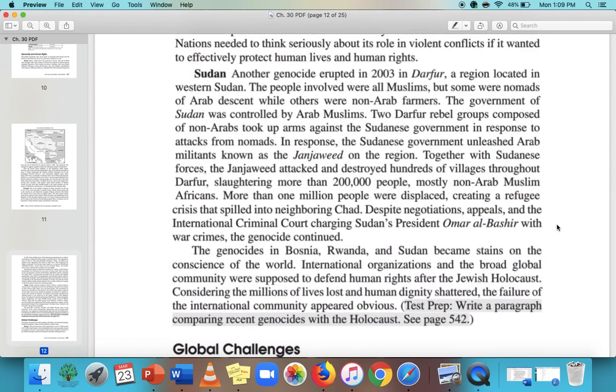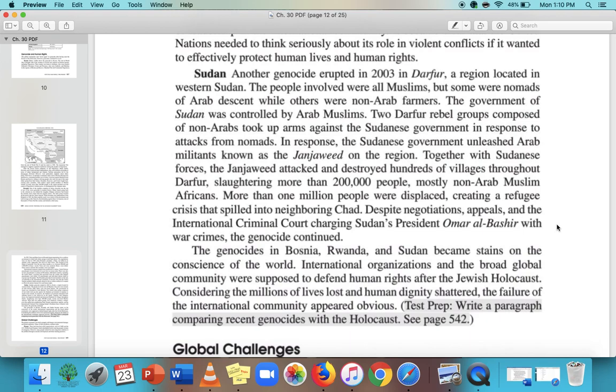Together with Sudanese forces, the Janjaweed attacked and destroyed hundreds of villages throughout Darfur, slaughtering more than 200,000 people, mostly non-Arab Muslim Africans. More than 1 million people were displaced, creating a refugee crisis that spilled into neighboring Chad, the country of Chad. All right, so the genocide continued for quite some time.